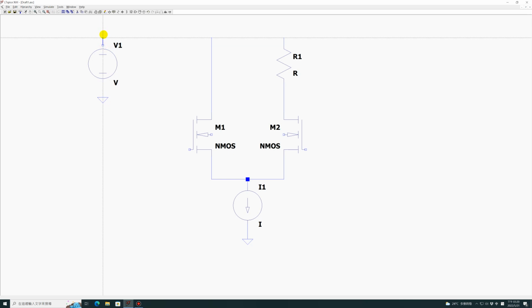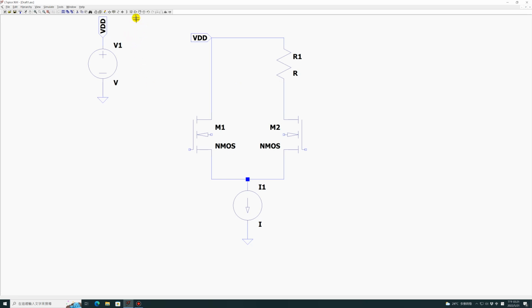Okay, and then I put a connection port or label here. For example, I put an input and call it VDD, and then one goes here and the other goes here. Okay, that's VDD here, and we want to put a Vin and a VB.